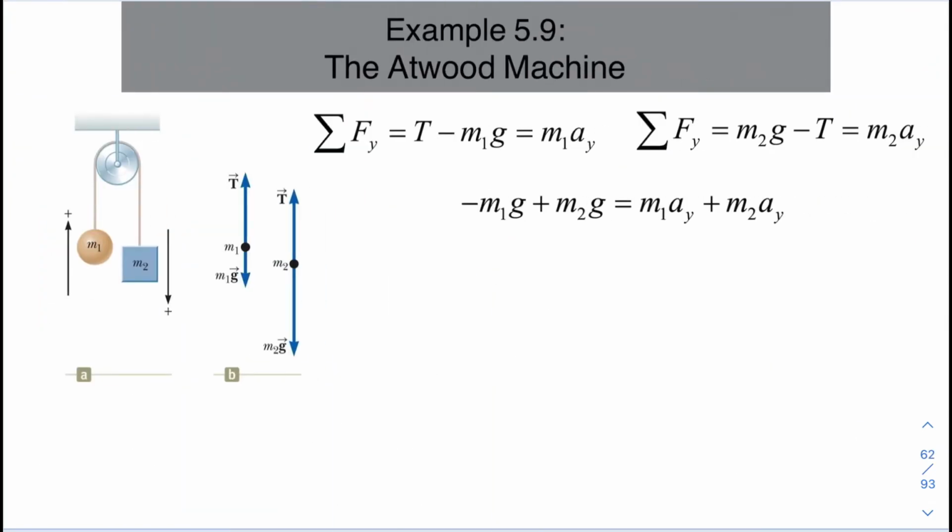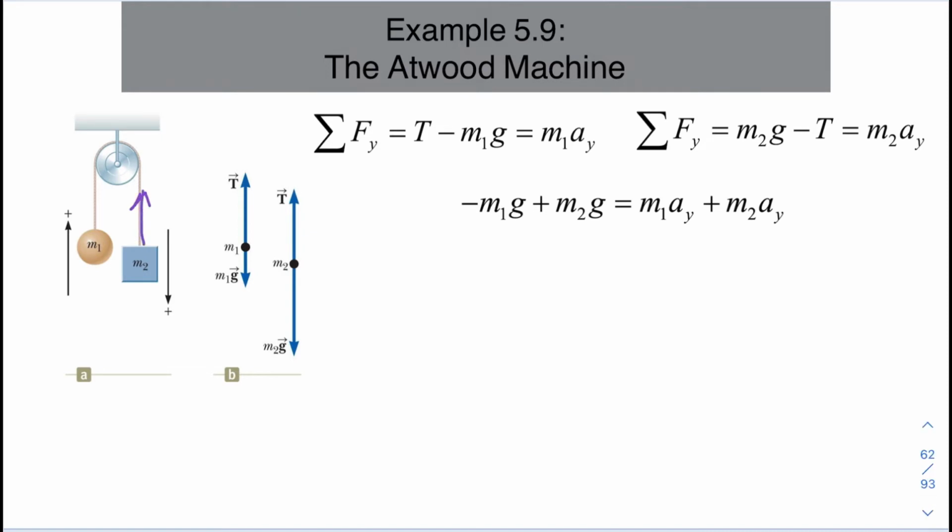So the sum of Fy is equivalent to T minus M1G equivalent to M1A. For which object here? Of course, for the first object. The forces acting on this object: you have tension upward. Tension is always away from the object being considered. Remember that. And then minus the weight of object 1. With respect to object 2, tension is also away from the object.